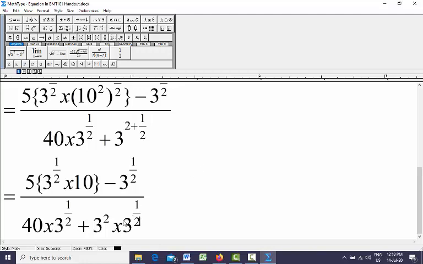Why? Because you can see here also base 3, here also base 3, and we are doing multiplication. When we do multiplication and bases are the same, powers will be added together. That means we will have 3 power 2 plus half, 3 power 2 plus half. So we can break it like that.